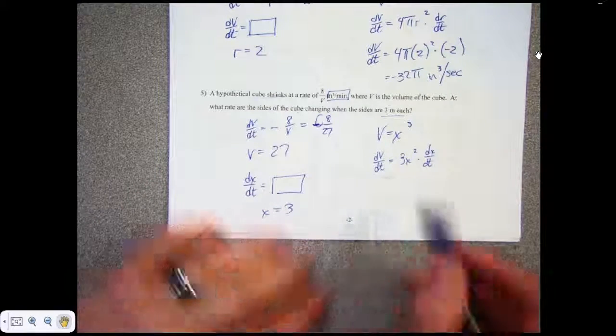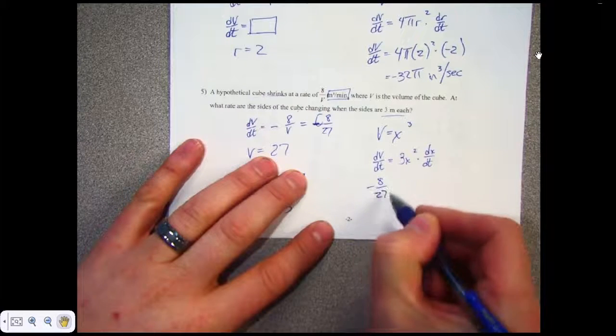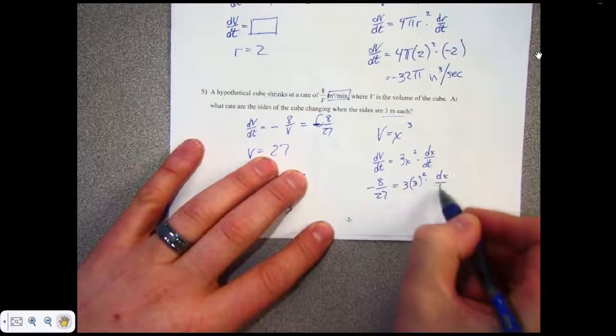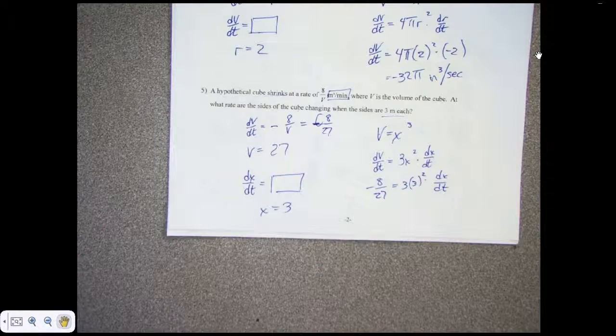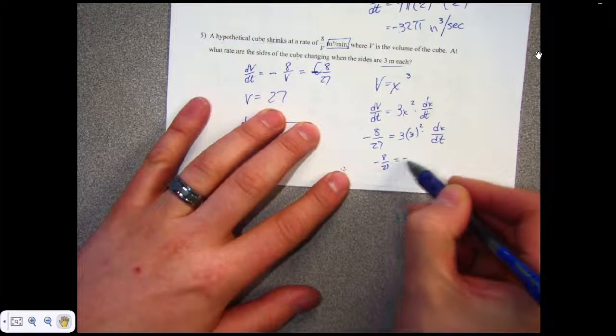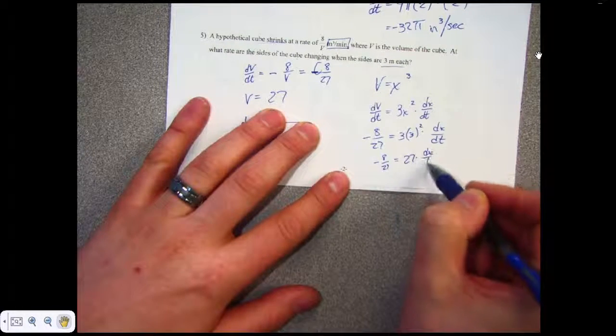But from here, I can just plug in, right? So this is negative 8 over 27. x is 3. So this would be negative 8 over 27 equals 27 times dx dt.